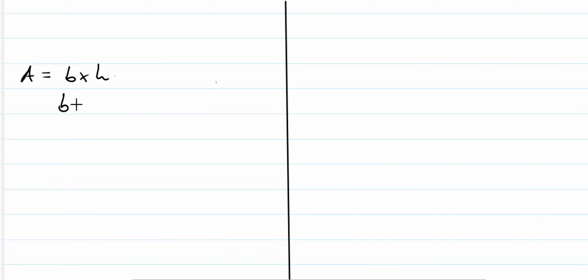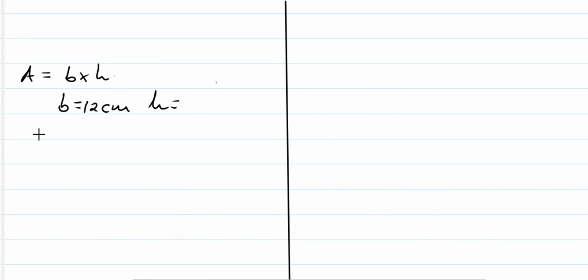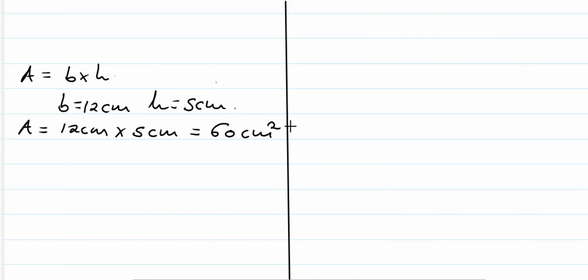The base is 12 centimeters, then the height H is given by 5 centimeters. So from there, area A will be 12 centimeters multiplied by 5 centimeters, which will be 60 centimeters, then squared.